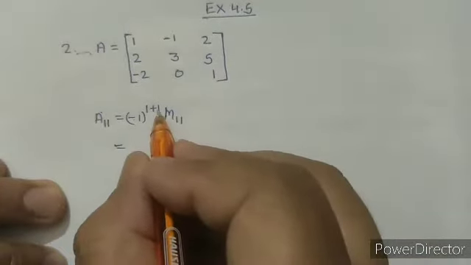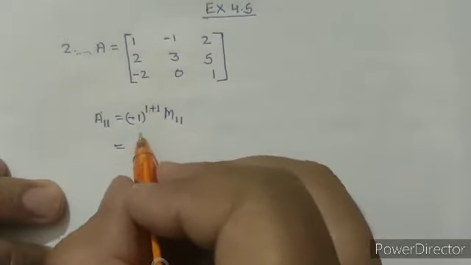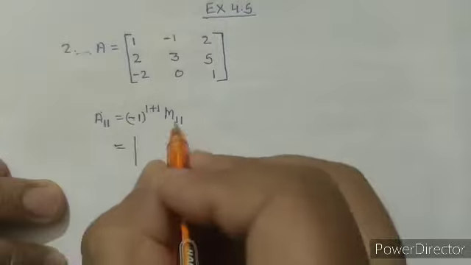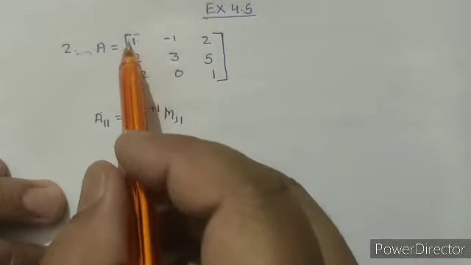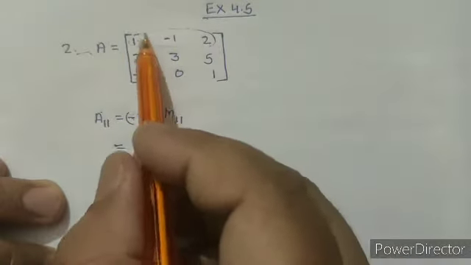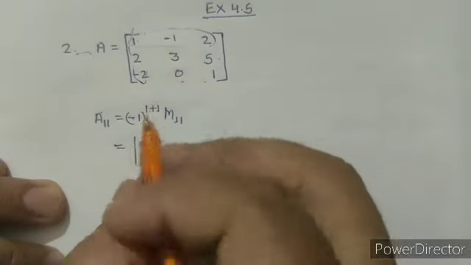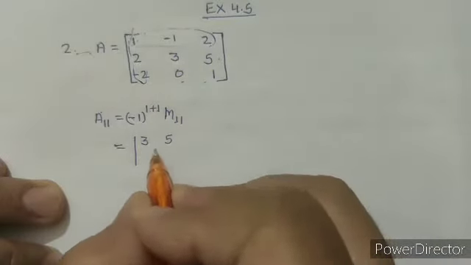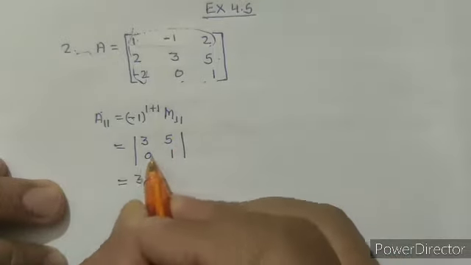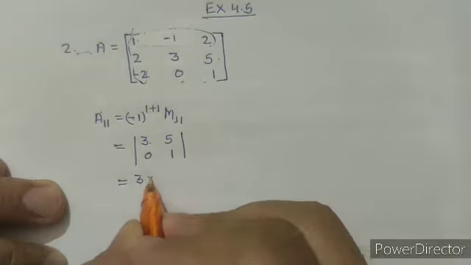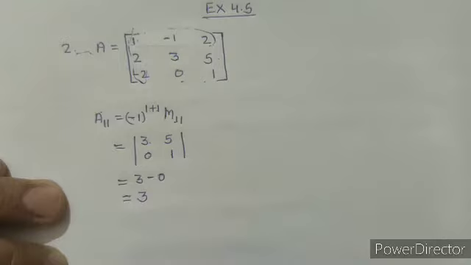Minus 1 raised to power 1 plus 1 will give us the positive sign, so that will be plus 1 into minor of 11. Now, the minor of the first element will be obtained by eliminating its row and column, and that will give us determinant of 3 5, 0 1, and that will be equal to 3 into 1 is 3, minus 0 into 5 is 0, that will be equal to 3.